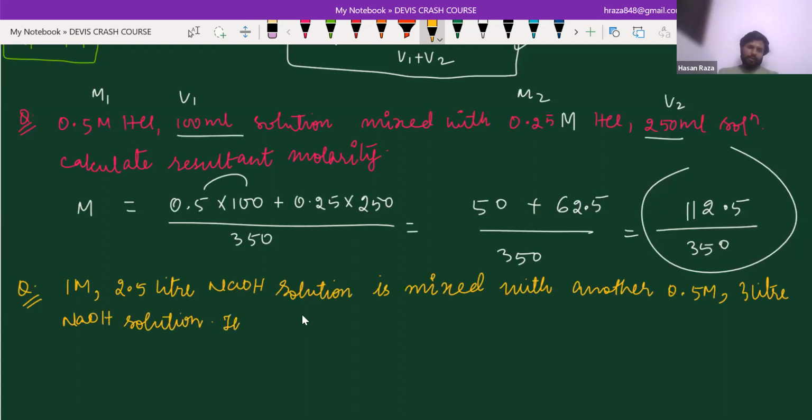Then calculate the molarity of the resultant solution.